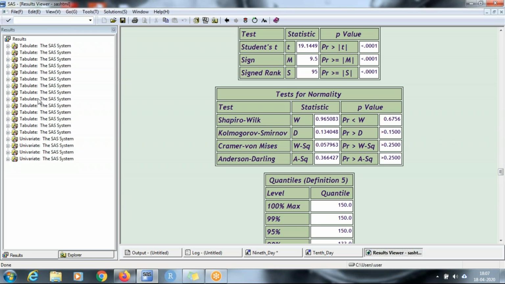All right, and the third thing: null hypothesis is a hypothesis of status quo, which means whatever is, is right. So whatever the data is, it is normal.